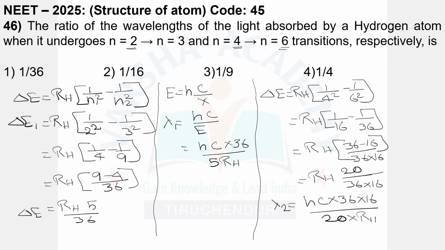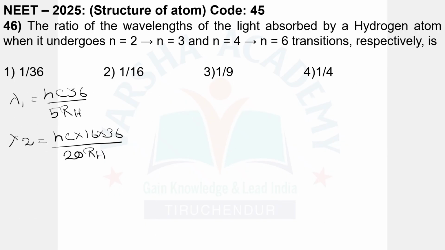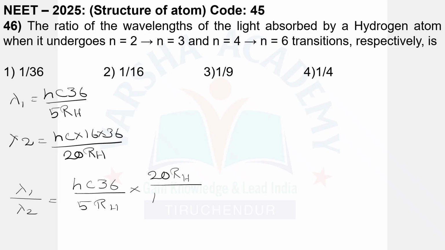Now you have the lambda 1 value and the lambda 2 value. The question asks for the ratio of the wavelengths, so we calculate the ratio of lambda 1 and lambda 2. Lambda 1 divided by lambda 2 is equal to hc into 36 divided by 5 RH, multiplied by 20 RH divided by hc into 16 into 36.